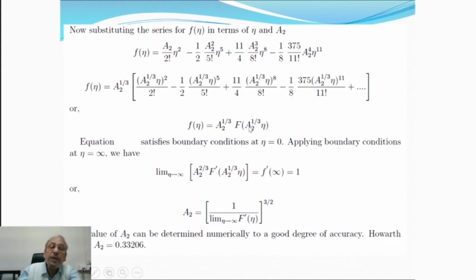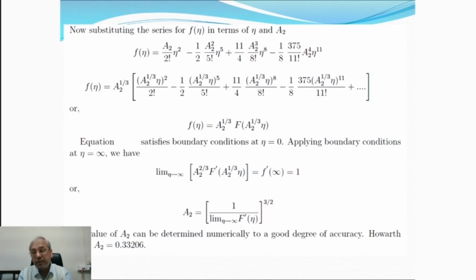Now this equation satisfies this series in a2 to the power 1/3 eta. We have already seen that it satisfies all the boundary conditions at eta equal to 0.